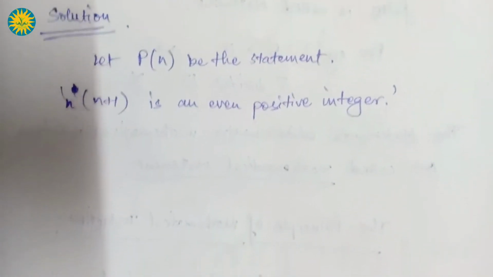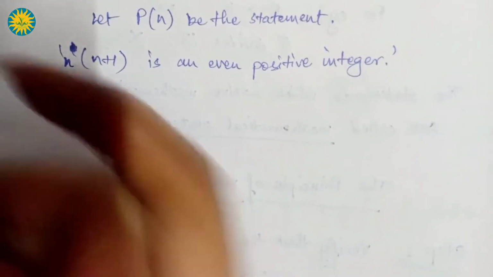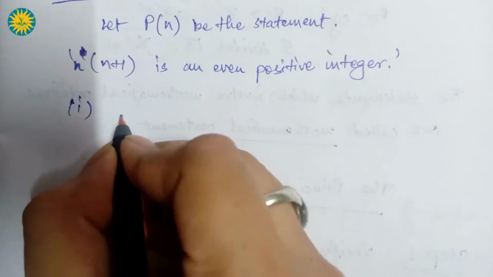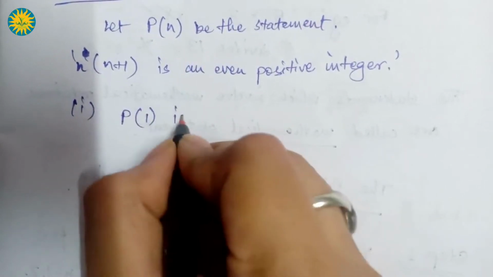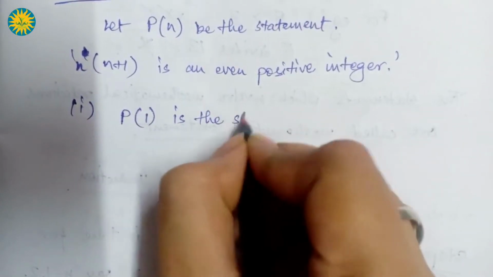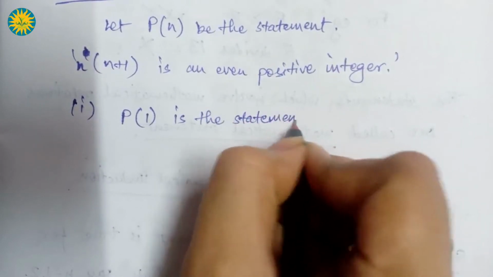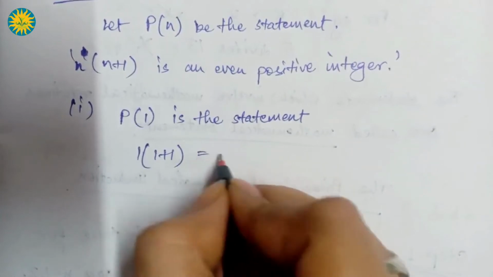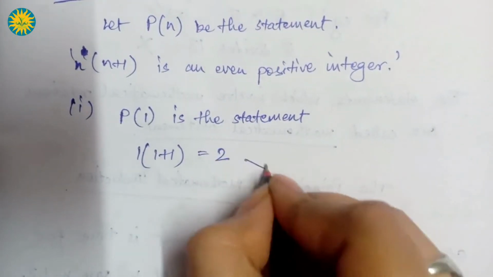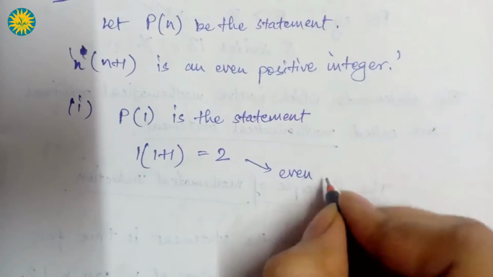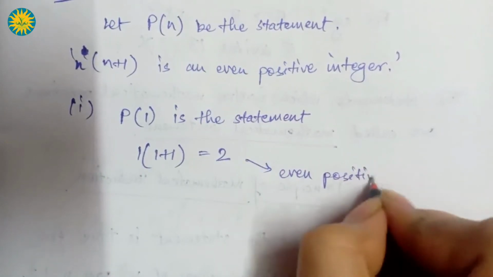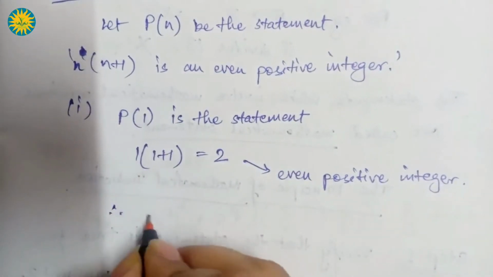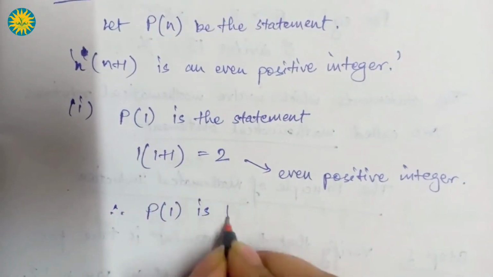So first we'll need to prove number 1 step. P of 1 is the statement 1 into 1 plus 1 equals to 2. We know that this is an even positive integer. Therefore, P of 1 is true.